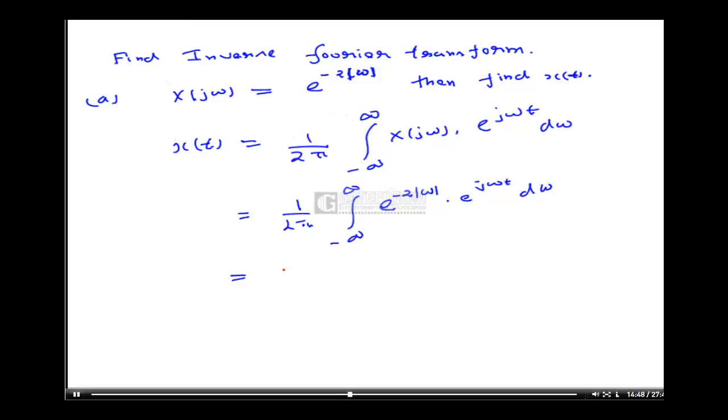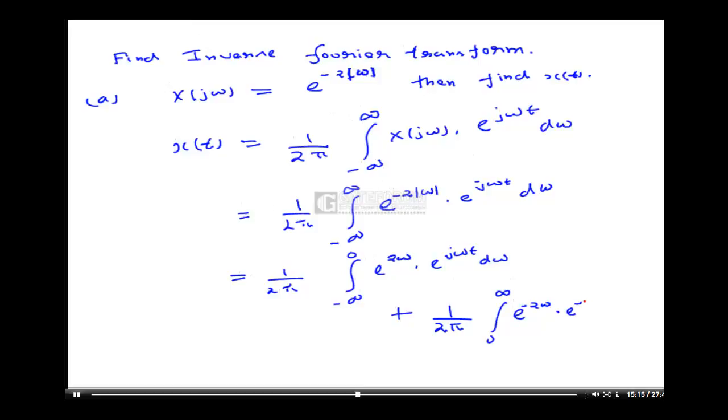Now we can substitute X(j omega) as e to the power minus 2 mod omega. Okay, so again I can write it as 1 by 2 pi integral from minus infinity to 0 of e to the power 2 omega e to the power j omega t d omega plus 1 by 2 pi integral from 0 to infinity of e to the power minus 2 omega e to the power j omega t d omega.